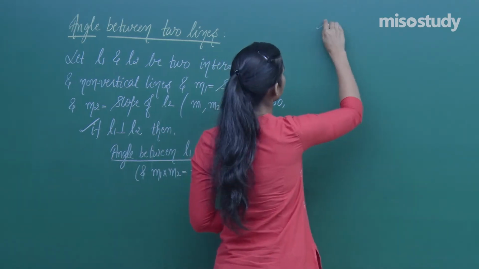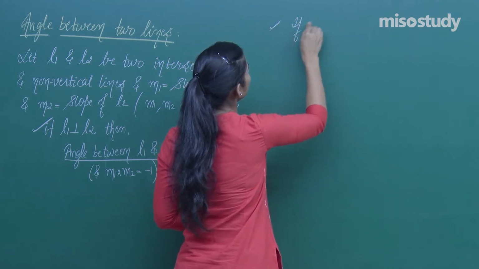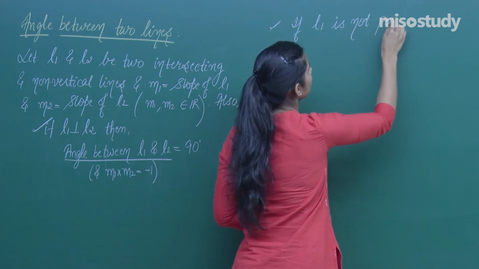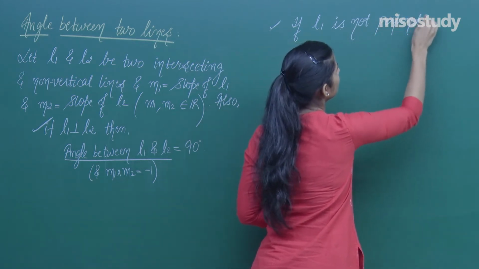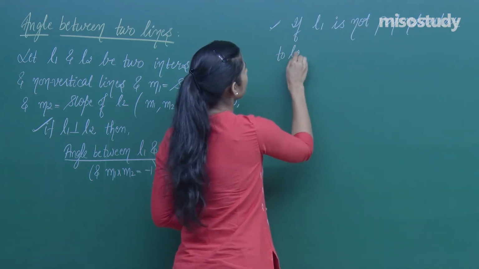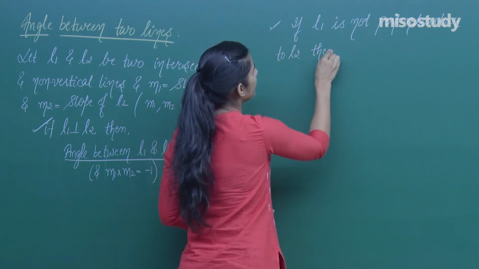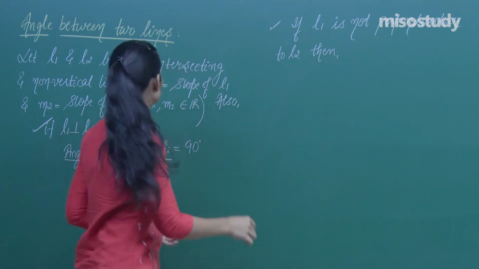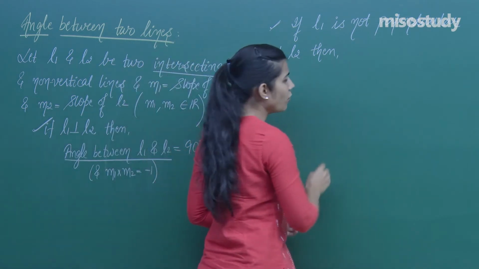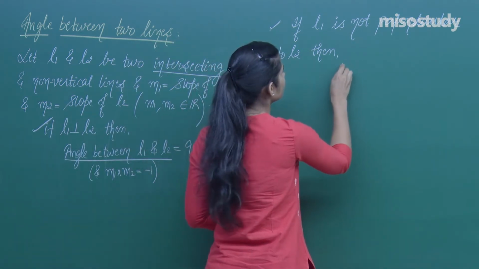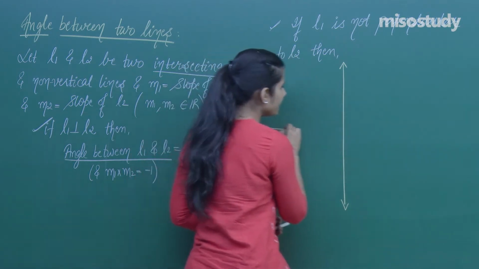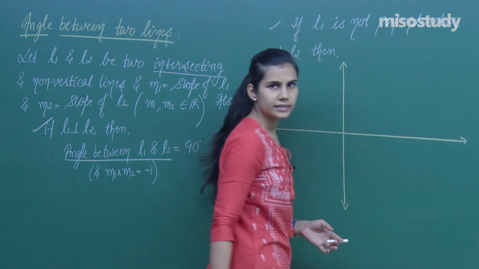But if L1 is not perpendicular to L2, and L1 and L2 are intersecting at a point, then what is going to happen? Then the scenario is going to be something like this. The two lines are not perpendicular, but they are intersecting.